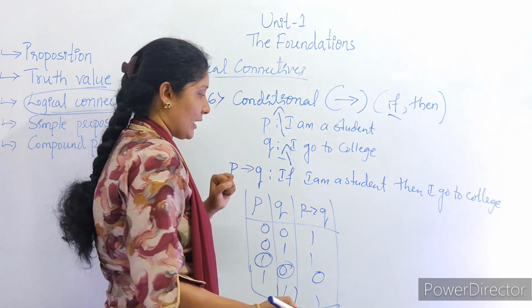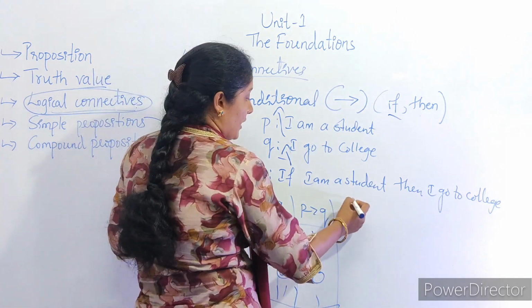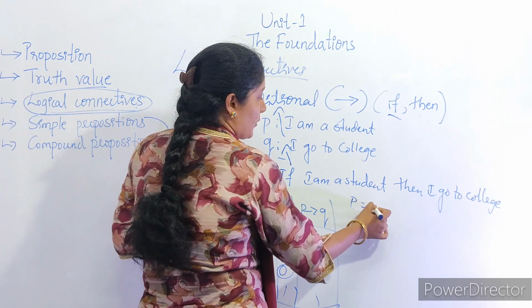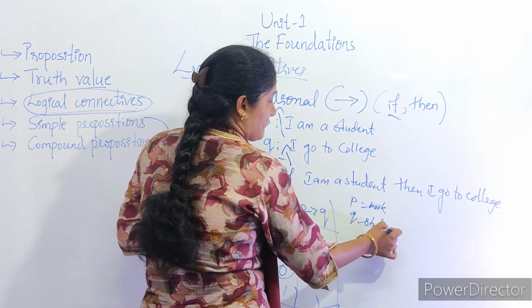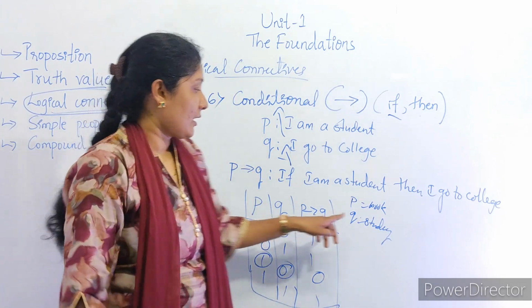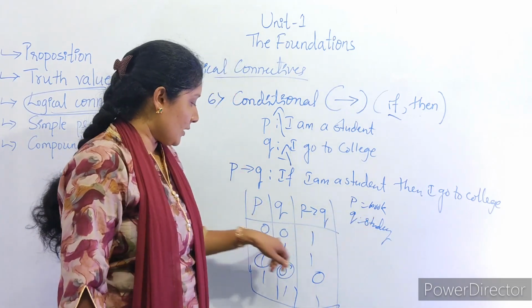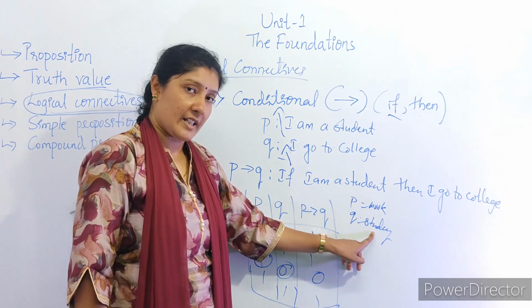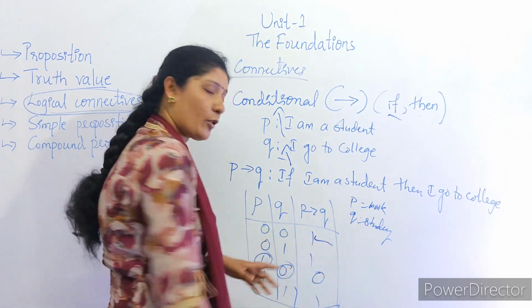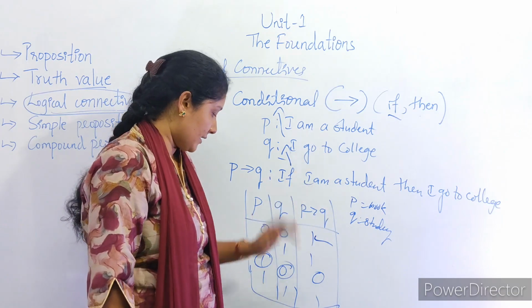Let me give you an example. For example, if P is book and Q is study, see the first one, 0 0: you don't have a book, you don't study, valid.